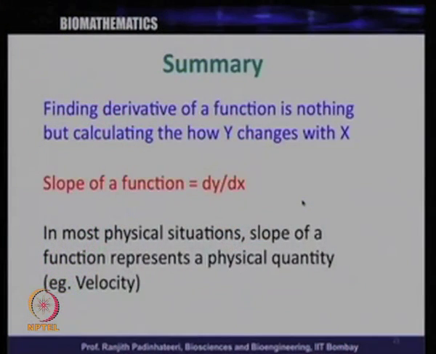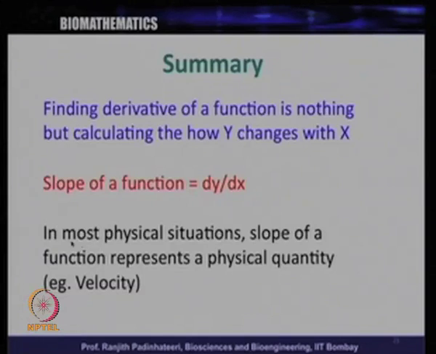Now let us summarize what we learned today. We learned that finding the derivative of a function is nothing but calculating how y changes with x, and the slope of a function is nothing but dy by dx. How much the change in y is if the change in x is dx. If the change in x is dx and the corresponding change in y is dy, their ratio gives the slope or the derivative.